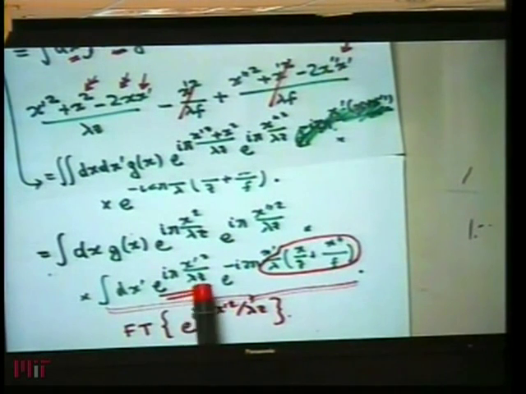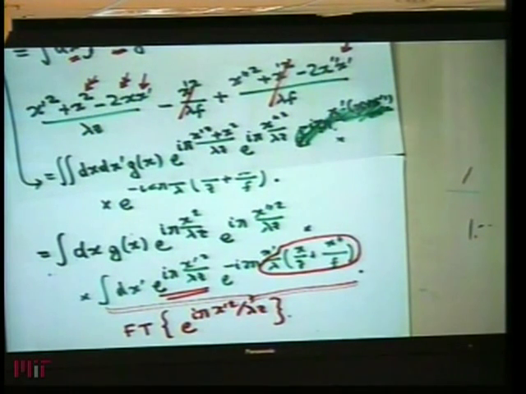Now, what is this Fourier transform? We don't know, but we have our notes, or we have Goodman, or we have the tables of formulas. So switching to lecture 9b. This is our Fourier transform pairs.